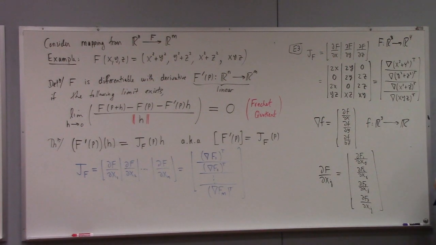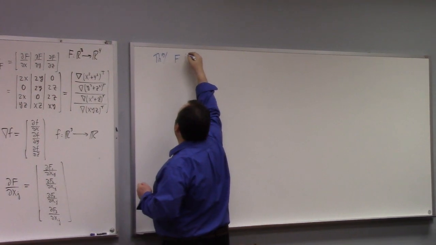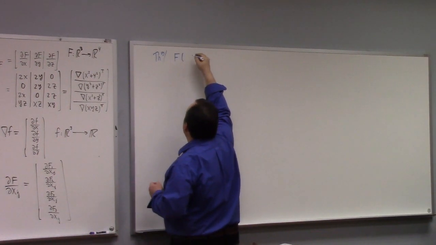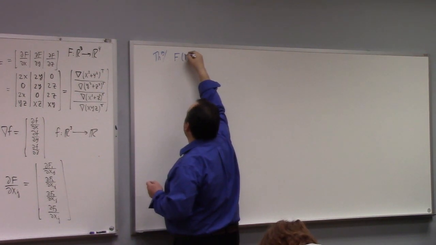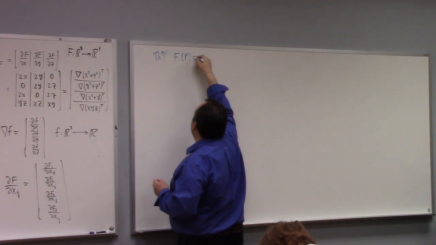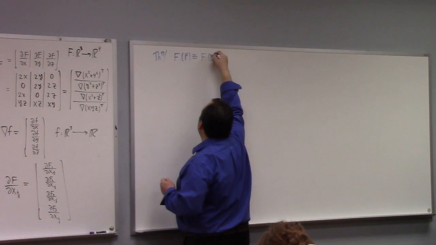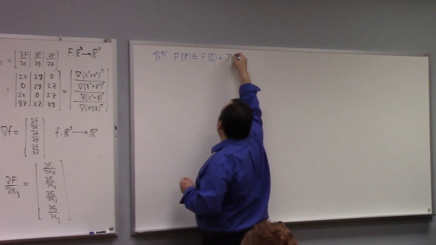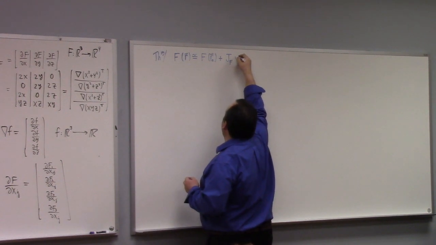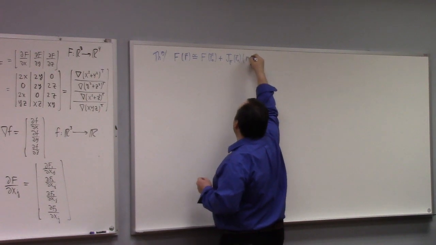So here's the theorem. Let's say f of, I'll use r for the variable. f of r vector is approximately f of r naught plus the Jacobian of f at the point r naught times r minus r naught.